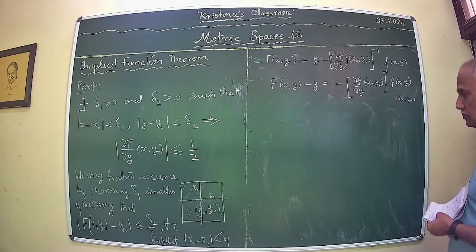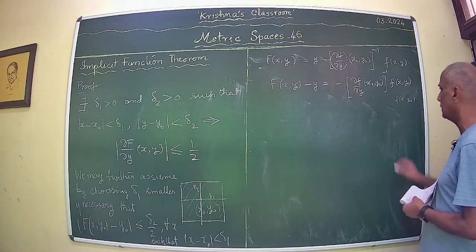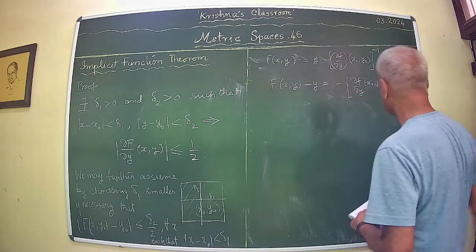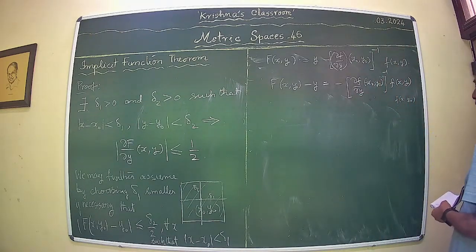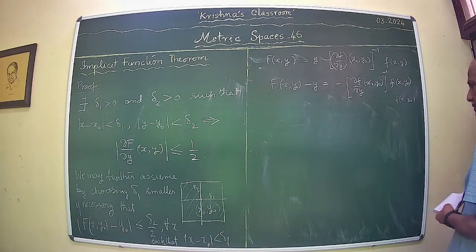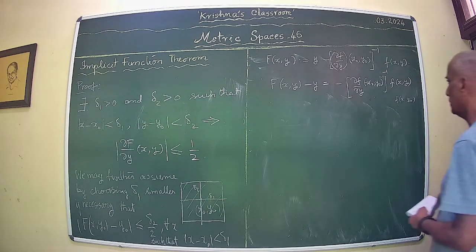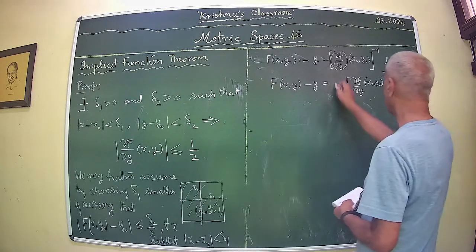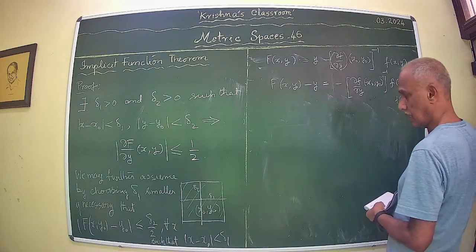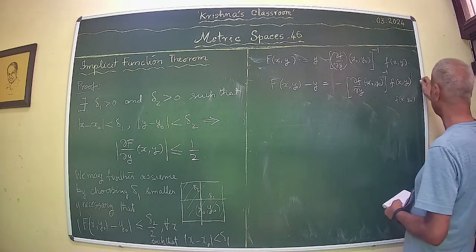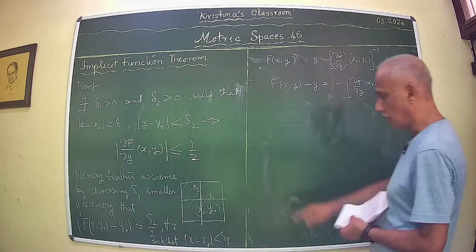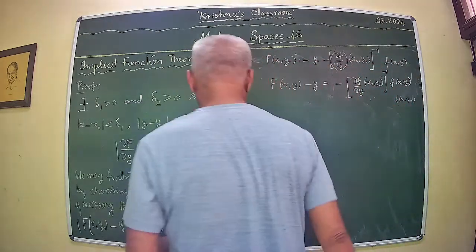Okay, and then you see that this is not equal to 0, therefore 1 by this is well defined. And therefore you can choose your delta 1 if necessary such that this whole thing is less than delta 2 by 2 for mod x minus x naught less than delta 1.